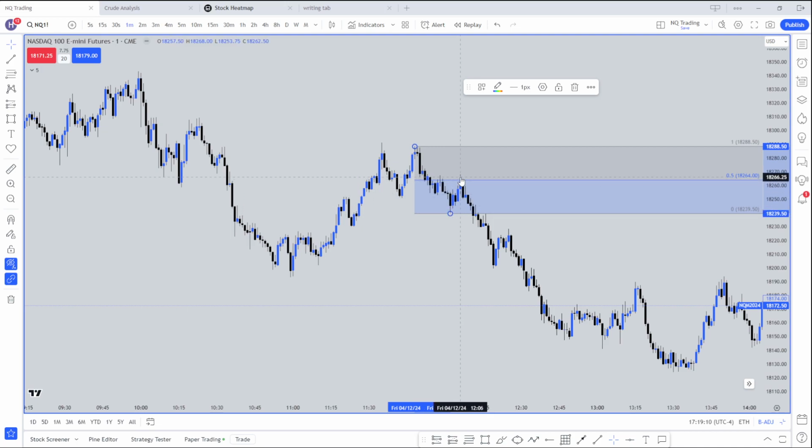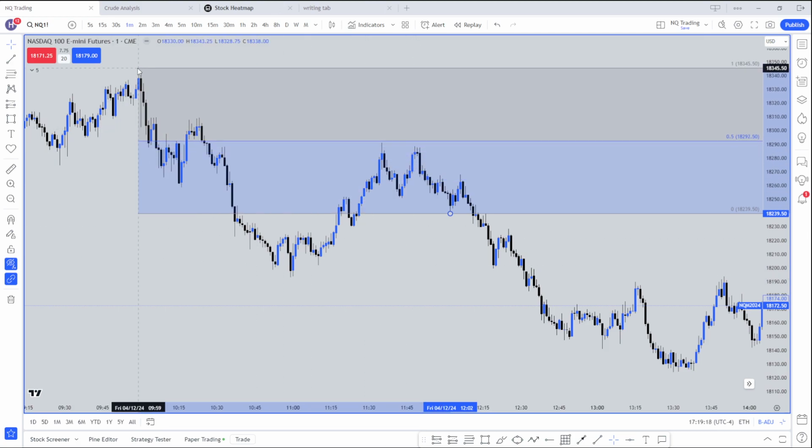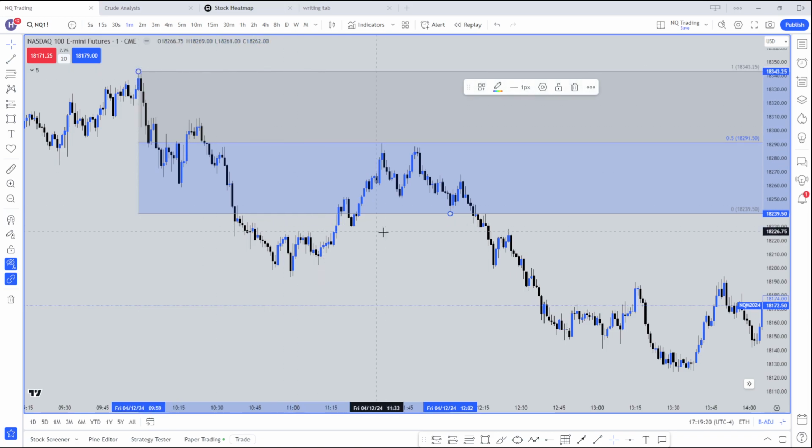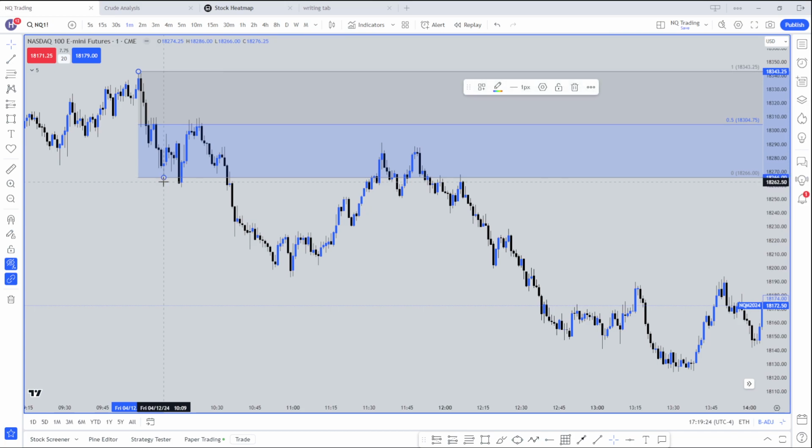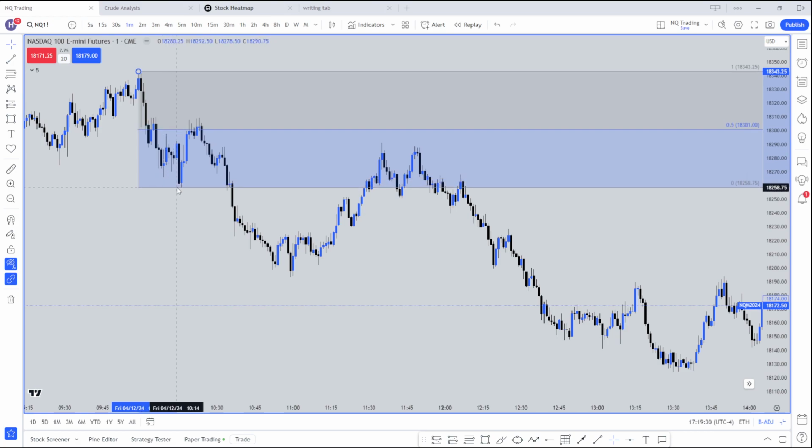Comes back up, bang, goes into premium, back down. You're going to see this over and over and over again. Into it, back down, into it, back down. I would probably move that to there.